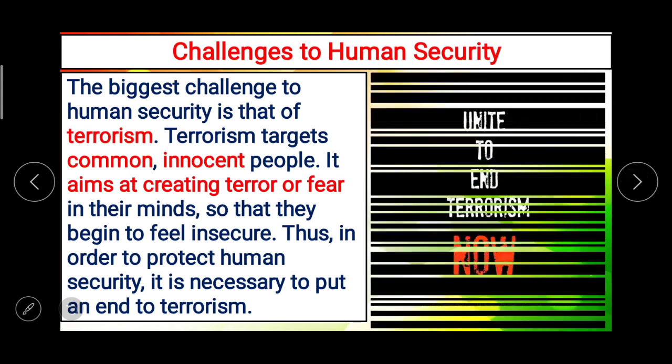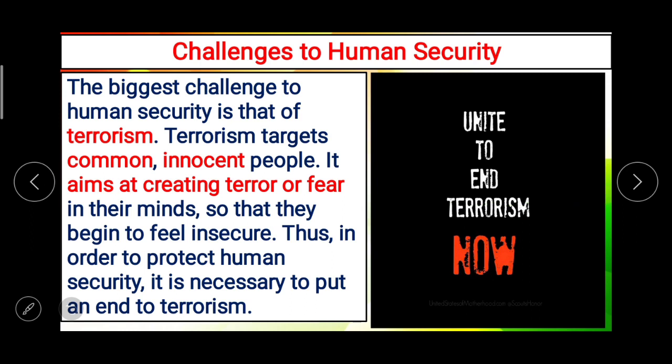Next point, challenges to human security. The biggest challenge to human security is that of terrorism, because terrorism targets common people, innocent people. If you go through the history of terrorist attacks of our country, तो उससे आपको पता चलेगा, अगर आप न्यूज़ देखेंगे तो उनका टारगेट जो होता है हमेशा वो कॉमन और इनोसेंट पीपल होता है. And that is why it is the biggest challenge to human security.